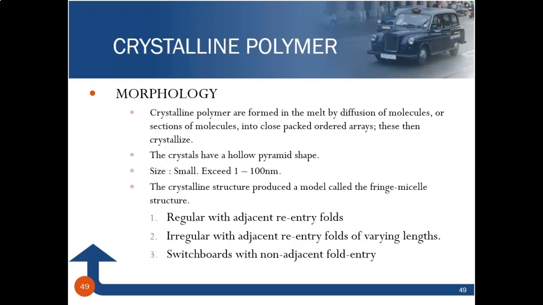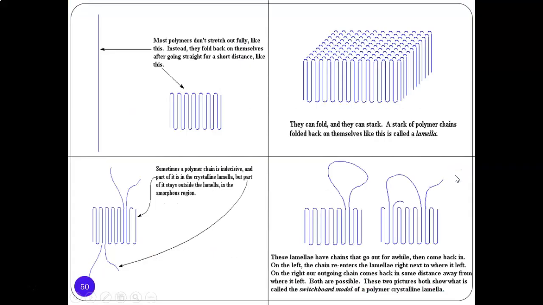So the crystalline structure we call the fringe micelle structure. It has the regular with adjacent re-entry fold, irregular with adjacent re-entry fold of varying length, and the switchboard with non-adjacent fold entry. Okay, we look at the structure, the shape. Most polymers don't stretch out fully like this, because the property is that they can fold.